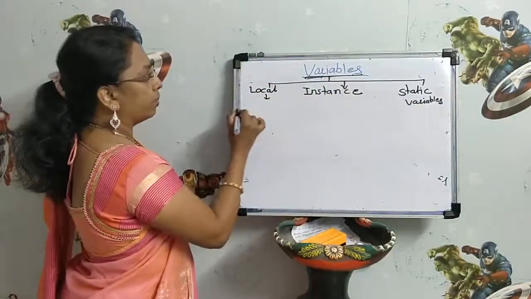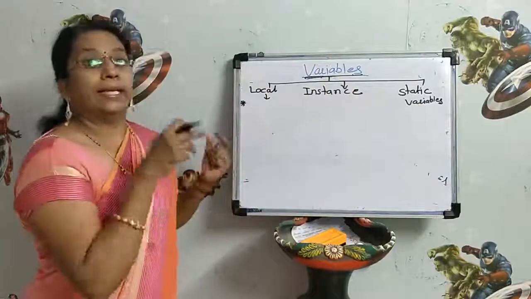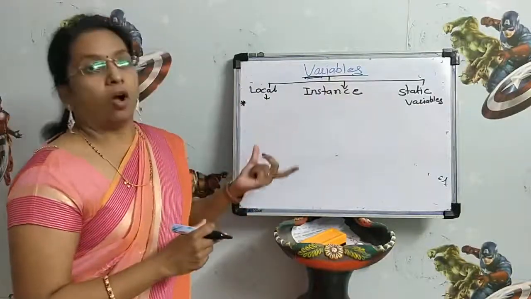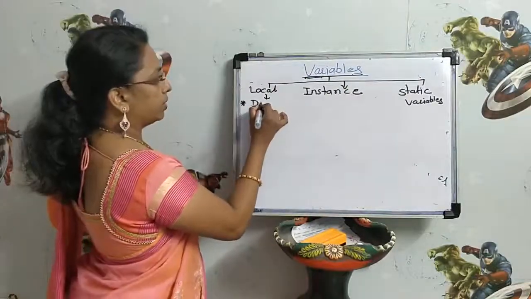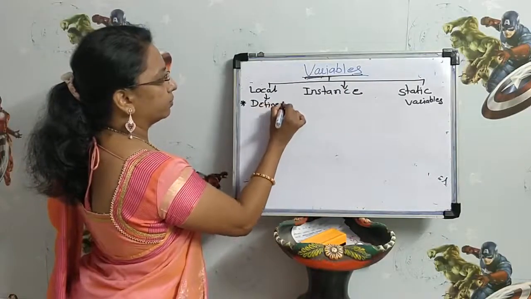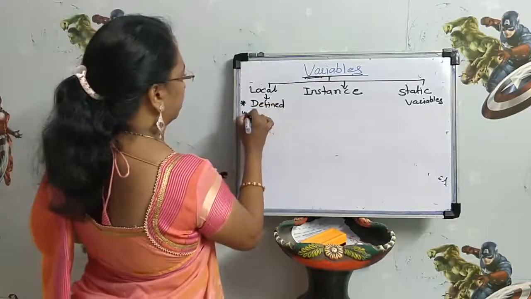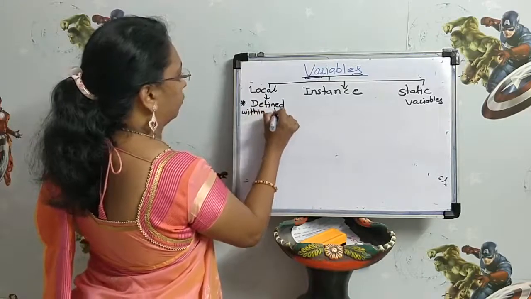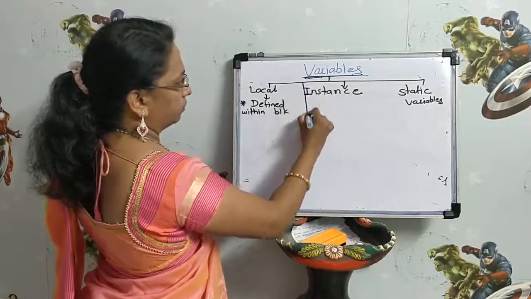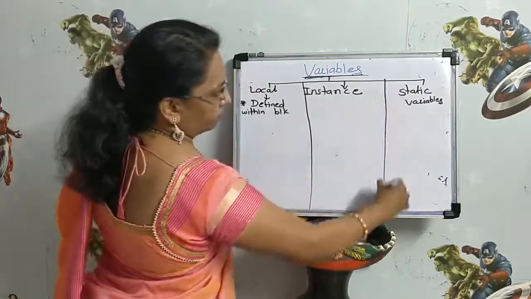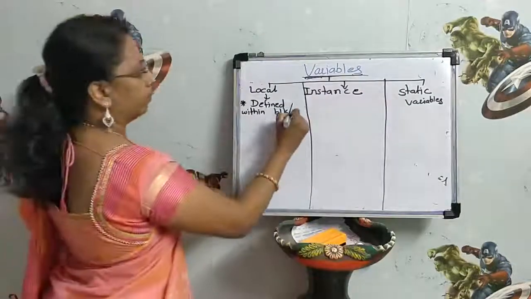Local variables are variables which are declared within a method, constructor, or block. So these variables are defined within a block or method.